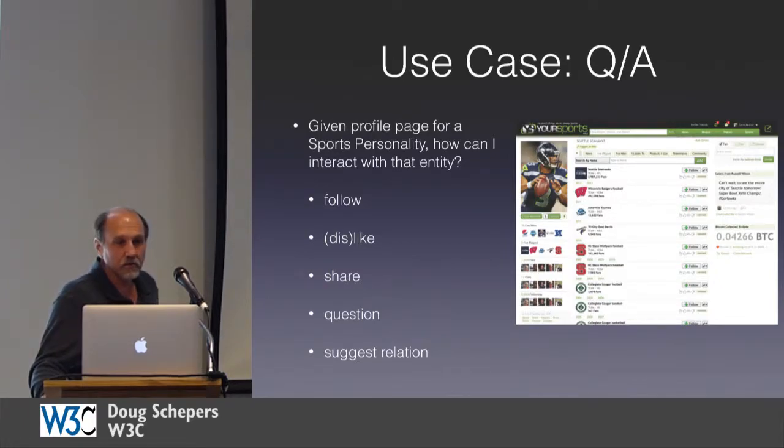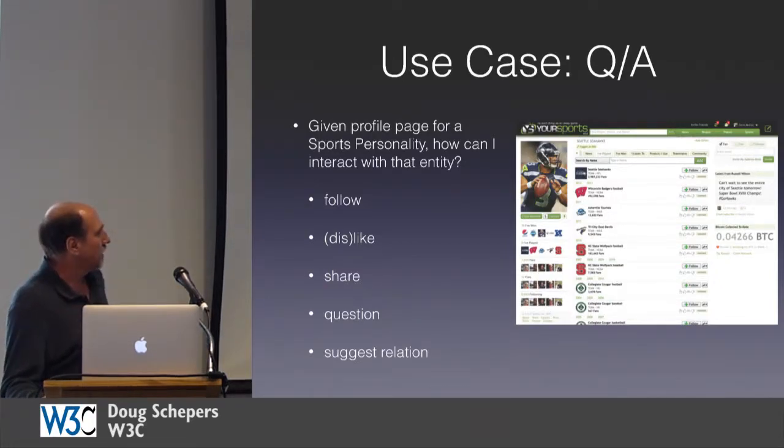If this were applied to a generic annotation case, you might imagine that there is a layer that's added to this that allows for a separate annotation surface that I can do the same operations on. What enables this is the fact that information on the page is described using standard vocabularies. I'm looking at the new proposed extension for describing sports in schema.org as a way of collecting the information in here, folding in some of the new question and answer types of extensions, as well as the existing operations and social operations.